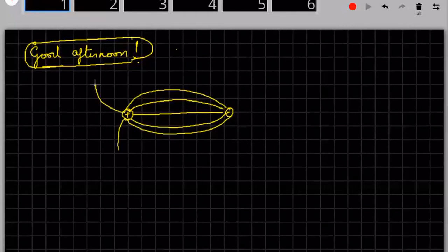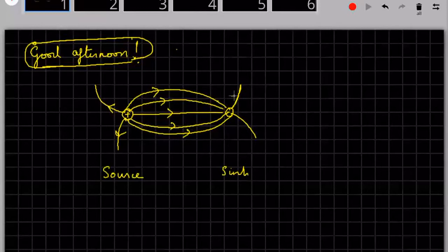This is how field lines leave the positive charge and approach the negative charge. So this is the source, this is the sink. Now the question I had asked you was, how do the equipotential surfaces look?